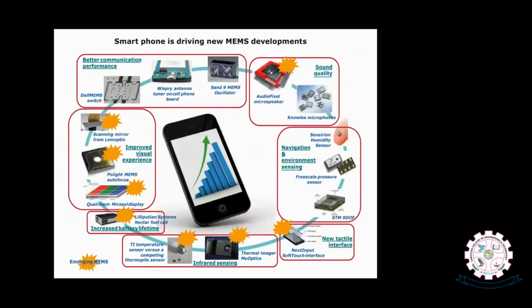So you look at smartphones. Earlier in 2004, when I had my first mobile, it was very bulky, and the functionality of the mobile was very poor. Now you see, you have very efficient devices possible, and the technology is growing day by day.